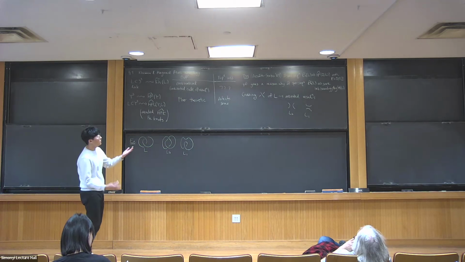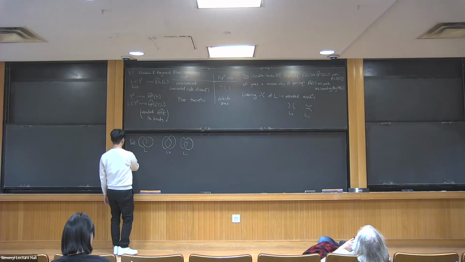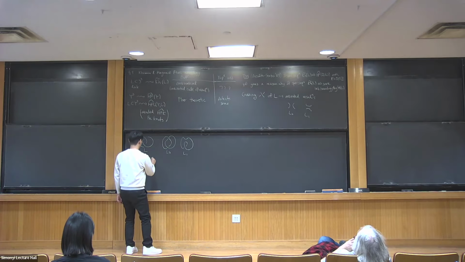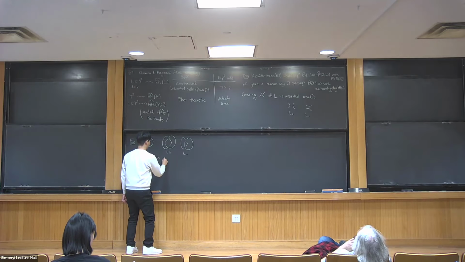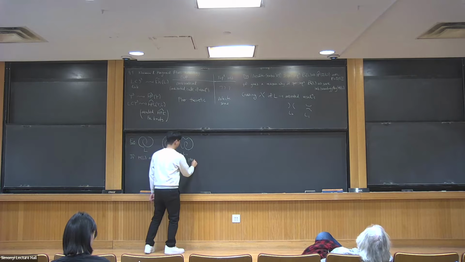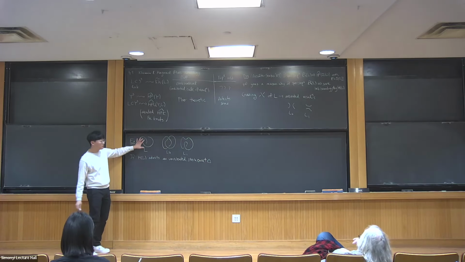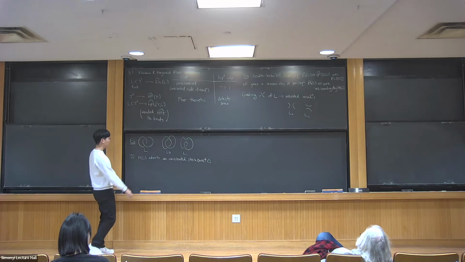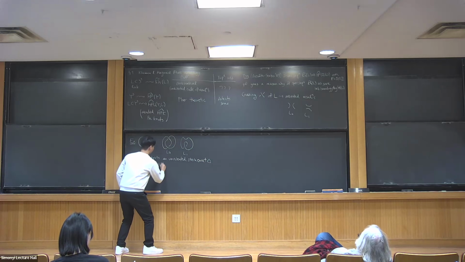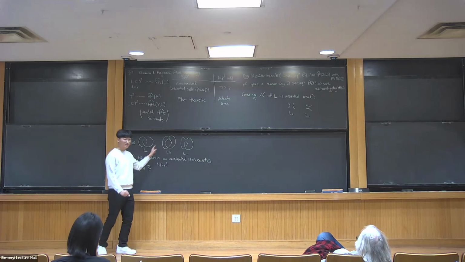So what does it mean for your link homology theory to admit an unoriented skein exact triangle? That means that whenever I have a crossing of a link like this, then I have an exact triangle that involves the homology groups of these three links.